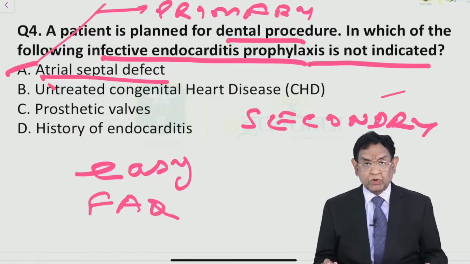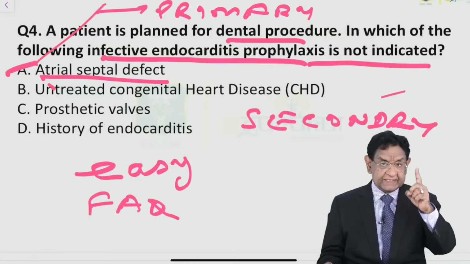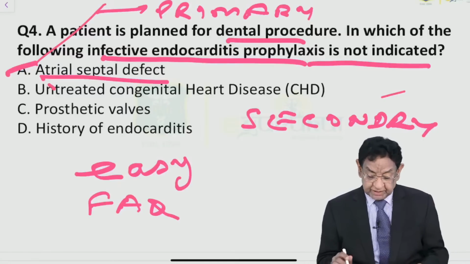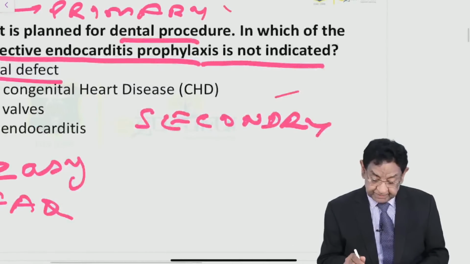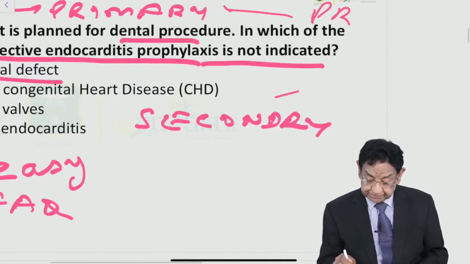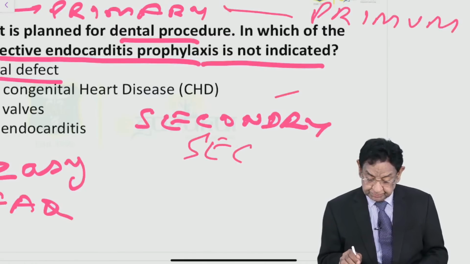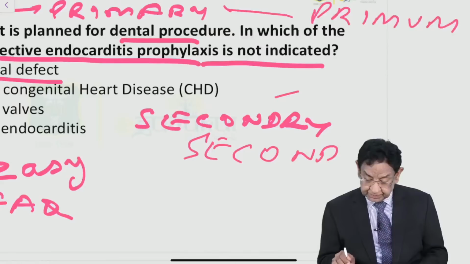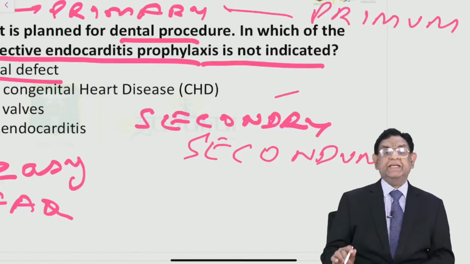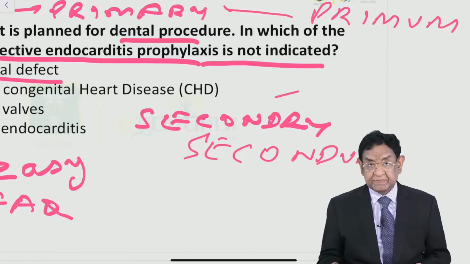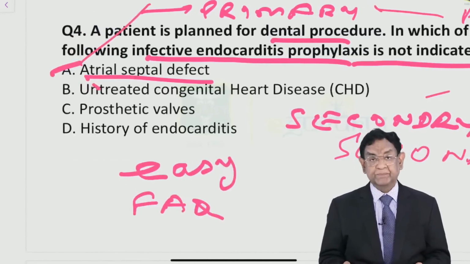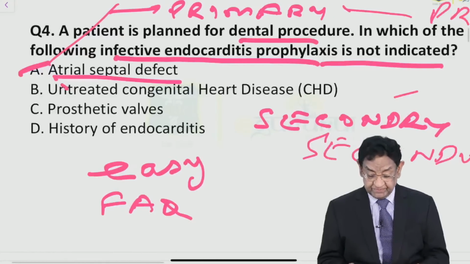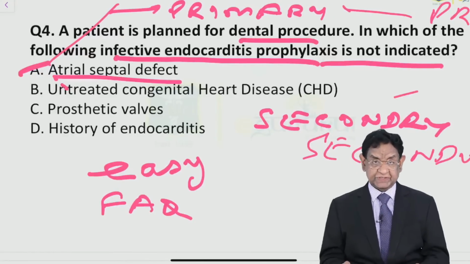Primary is also known as ASD primum, and the other is secundum. So if it is ASD primum, prophylaxis is needed, but it is not needed in secondary or secundum. Be very careful about this question.